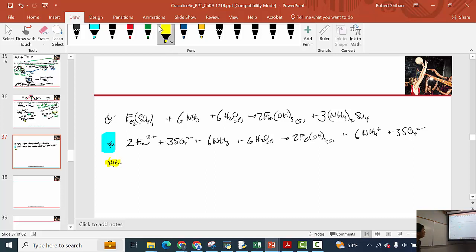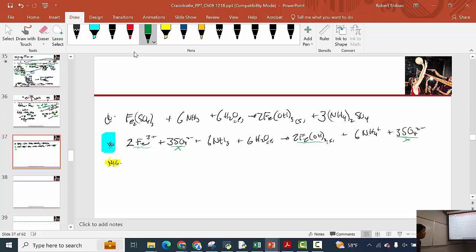In the net ionic equation, we look for spectators. Did the iron 3 react or spectate? It reacted. Did the sulfate react or just spectate? In other words, did it change or did it stay the same? It stayed the same. So sulfate, let's get rid of that. Ammonia and ammonium are 2 different things, so this changed.